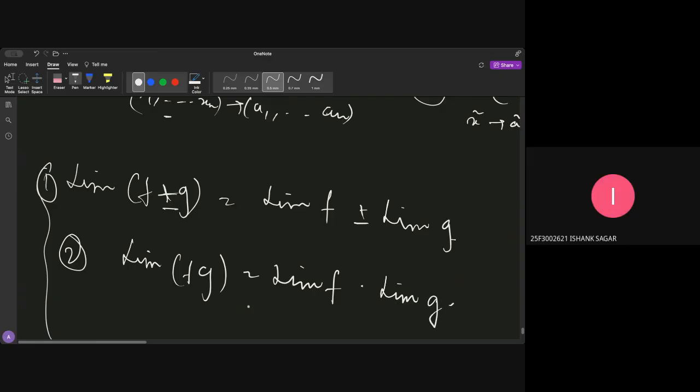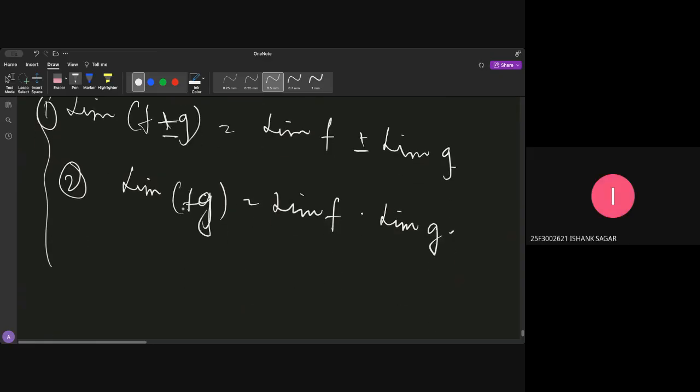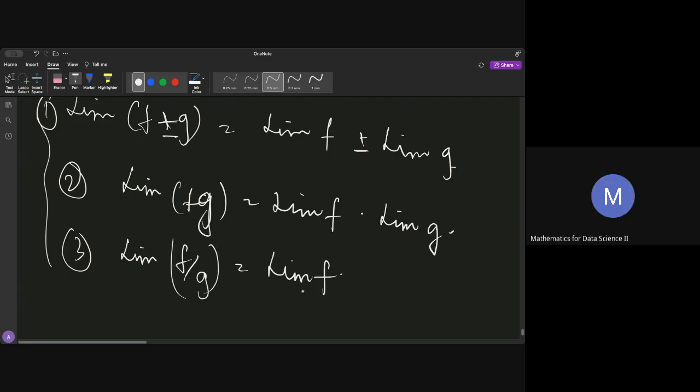And similarly for the quotient, the limit of f over g is the limit of f over the limit of g, provided g(x) is not equal to 0. I should say g(x) is never 0.